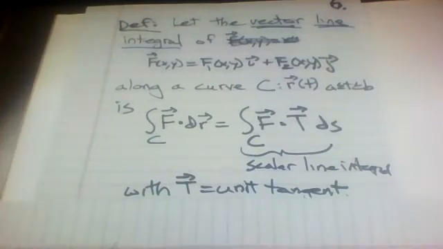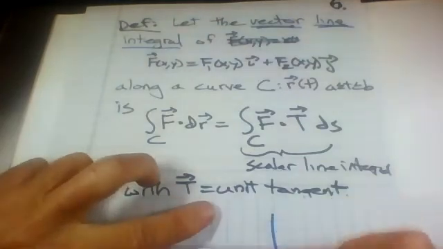So that'll be the vector line integral. You say, what good is this one? It turns out this one has lots of notation, so it's very confusing. It always confuses students because of the different notations, but this is actually how you calculate work.